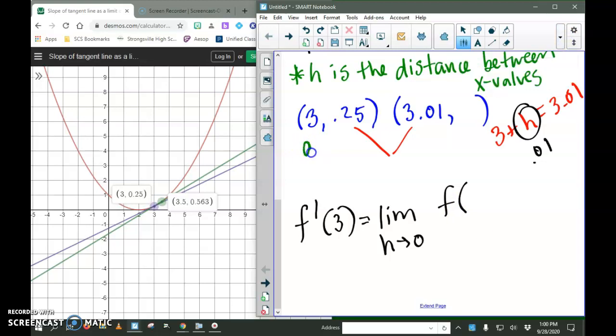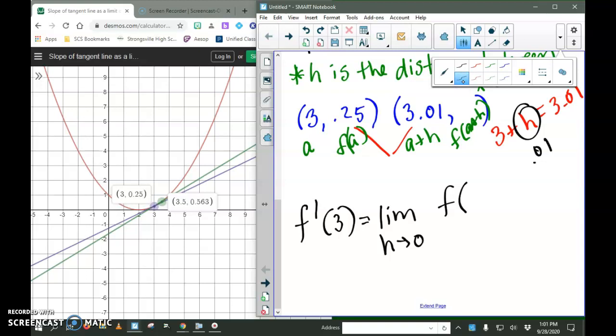This would be my a value, and so then this would be my a plus h value, right? Here's my a value 3. Well, 3.01 is 3 plus my h, my 0.01, okay? And then this would be f of a, and so the output here would be f of a plus h.